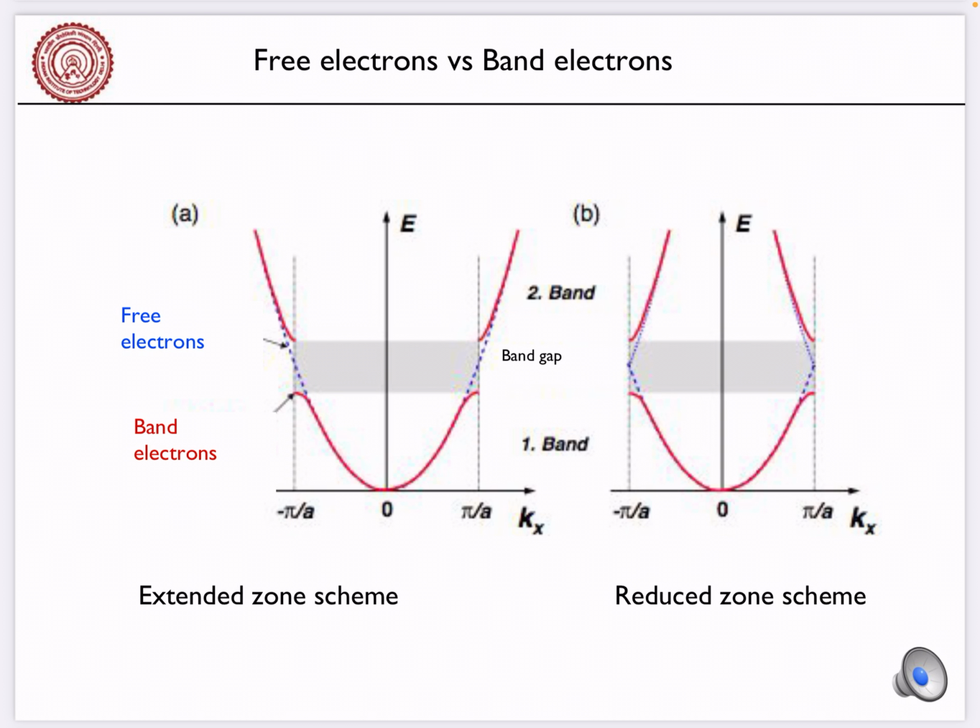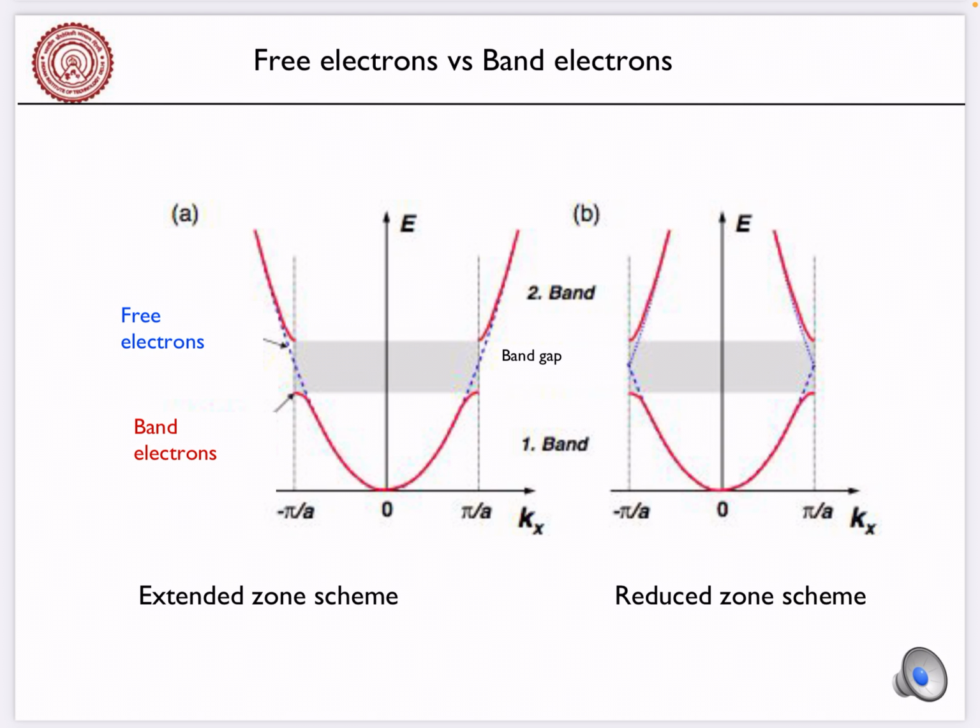So we are comparing basically the dispersion relation of electrons in the free electron case and in the band electron case. These are again all one dimensional, for simplicity, we are discussing the one dimensional case.